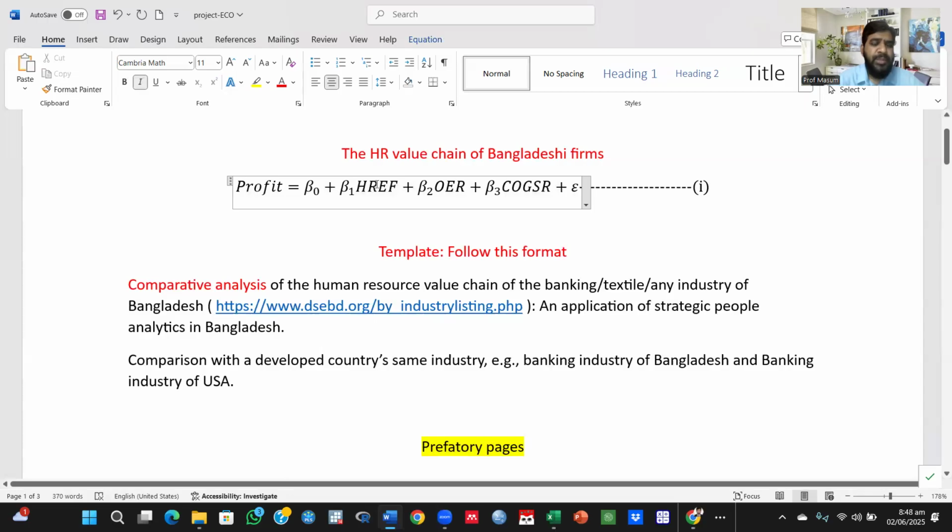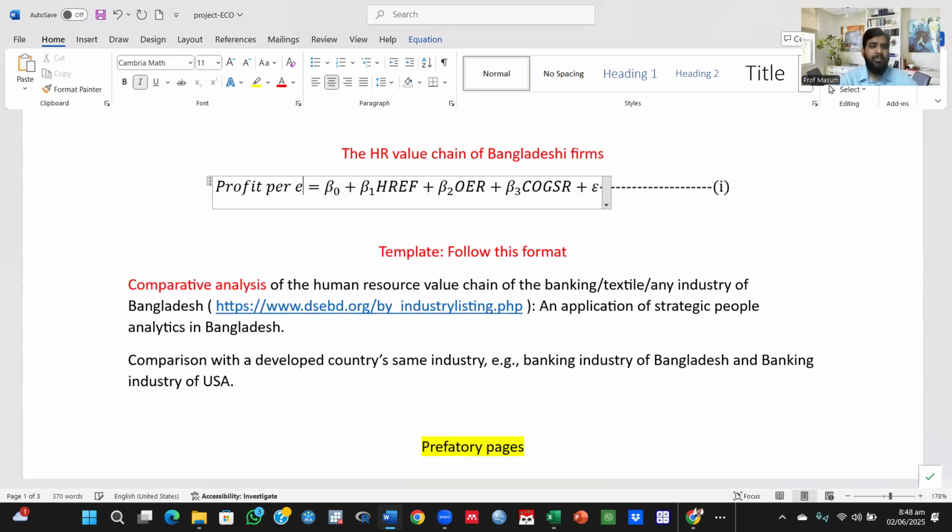So profit, and when you are calculating HR factor, all right, expense factor. So you are calculating HR expense factor. So better to convert your dependent variable to profit per employee.